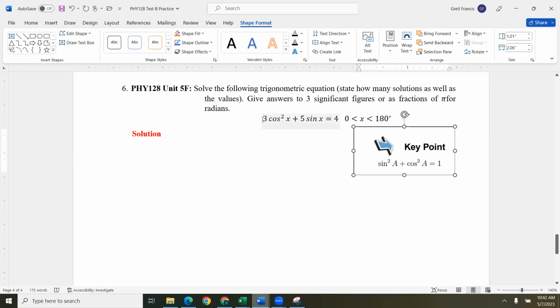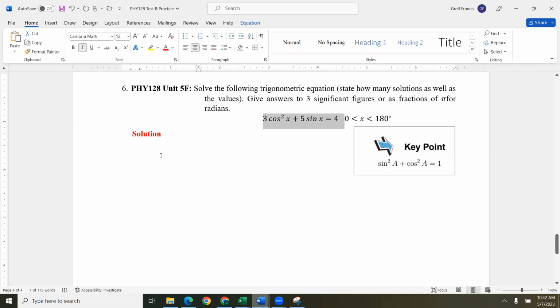So we are going to begin with 3 cos squared x plus 5 sine x is equal to 4. Now we know that sine squared of x plus cos squared of x is equal to 1. So therefore, cos squared of x must be 1 minus sine squared of x.